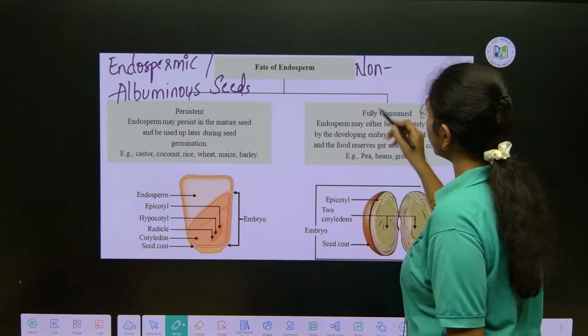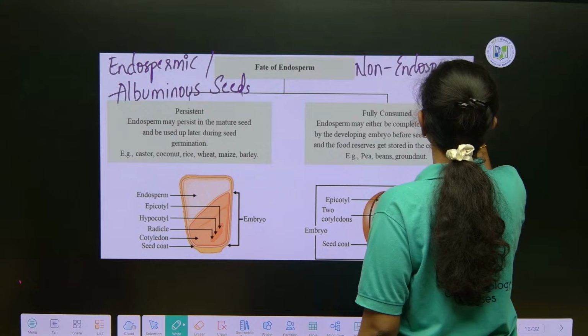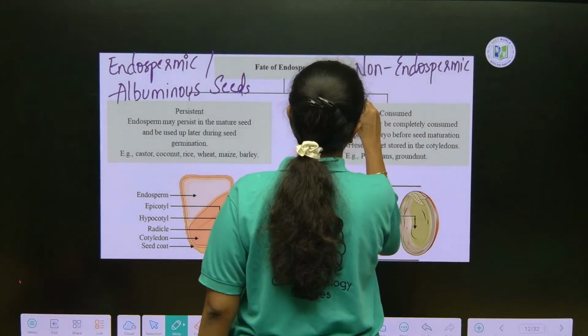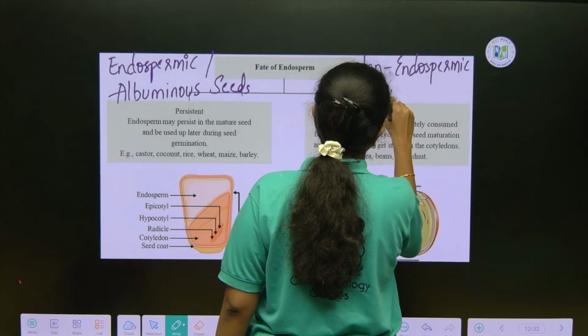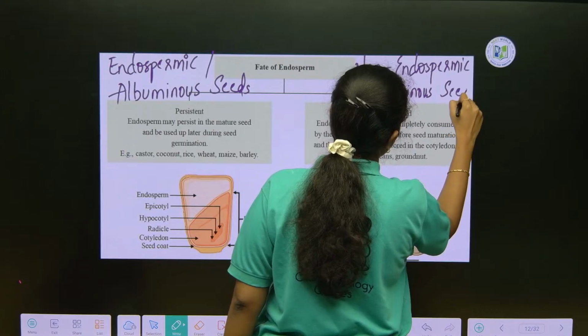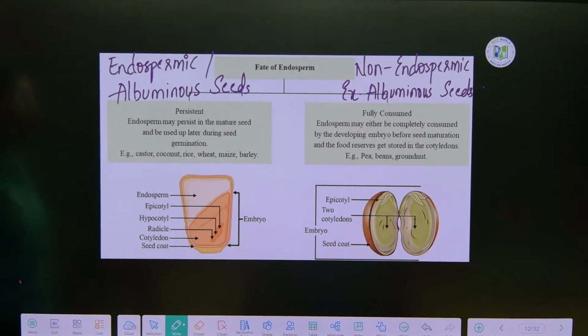So, here these are what? Non-endospermic seeds or ex-albuminous seeds.